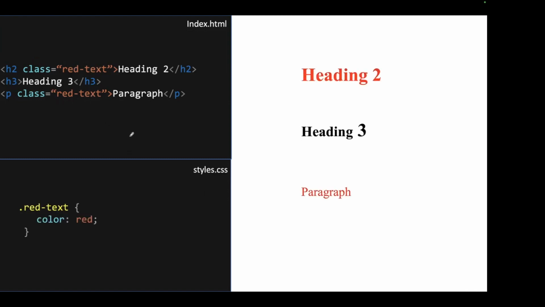Now, when you write your CSS file, you will target that red text, the class name. So we are targeting this class name, red text, with your dot notation, and then you define your color to be red. This is what you get. Heading 2 will be red and paragraph will be red. Why? Because both of them carry the class red text.